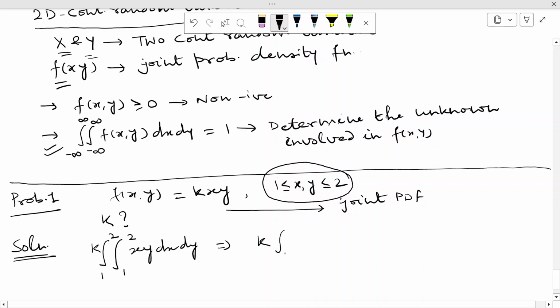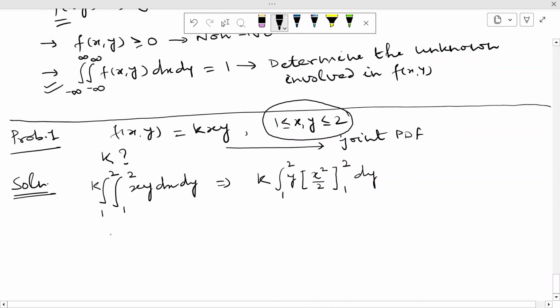Because you are performing first the integral with respect to x, you can keep y as it is, and when you integrate with respect to x, you will get x square by 2. Now the limits are 1 to 2, and because we have yet to integrate with respect to y, the limit for y will remain as it is, and here we have dy.